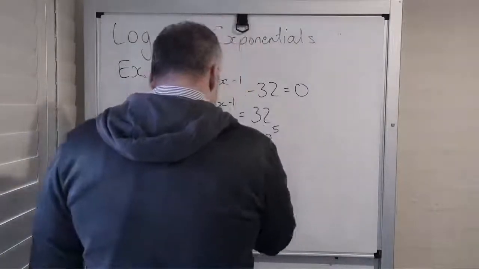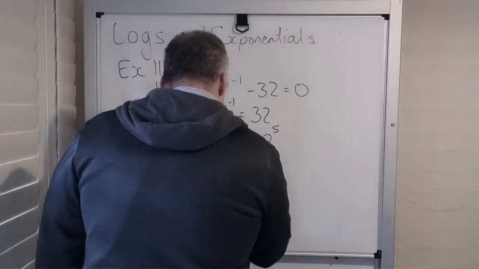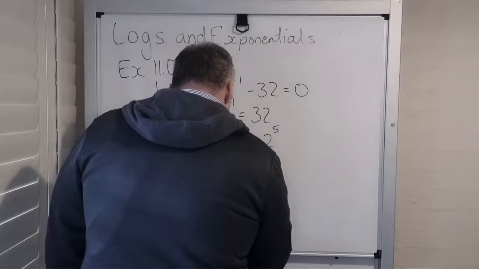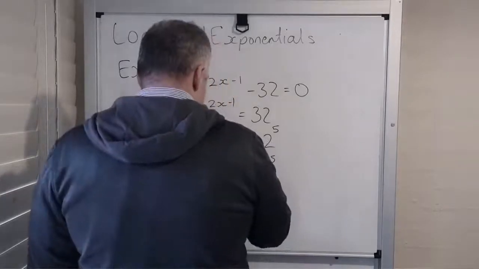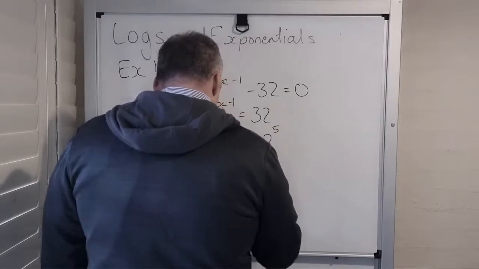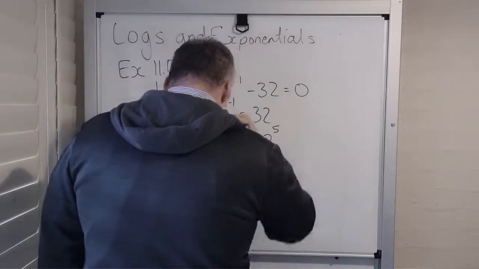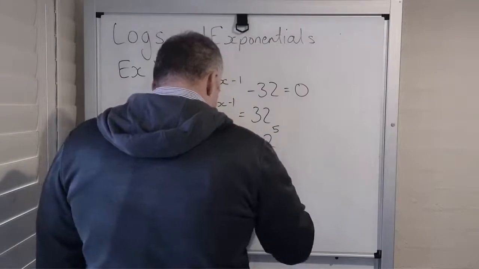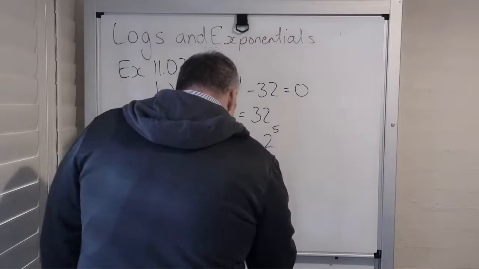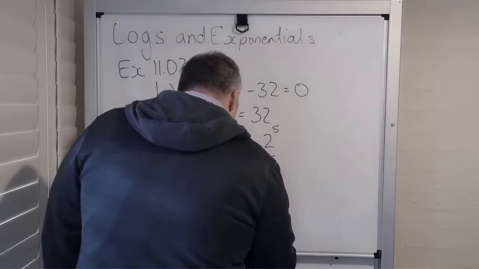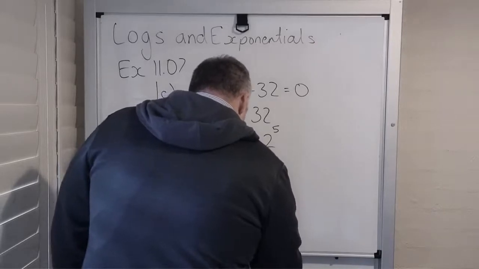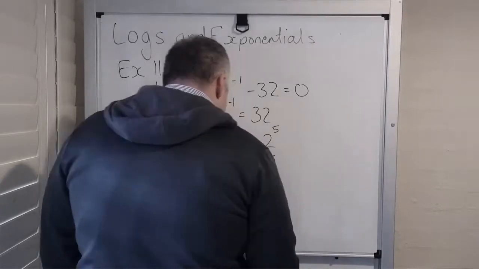So we end up with, I'll expand that 2 while I'm here, 4x minus 2, because 2 times 2x, 2 times minus 1, equals 5. And then add 2 to both sides, and I end up with 4x equals 7, therefore x equals 7 on 4.